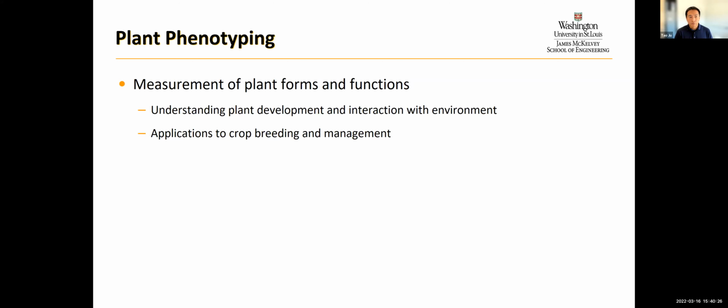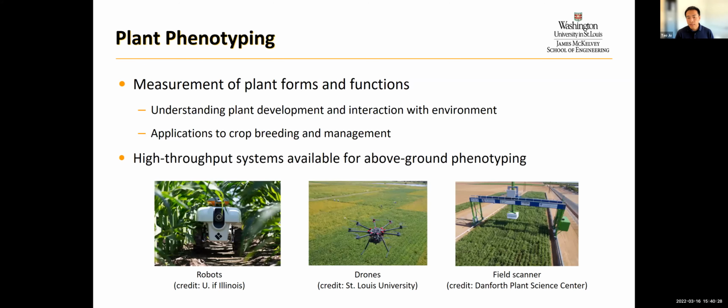The technology for phenotyping has really advanced over the past few decades, moving away from the lab setting, one plant at a time, to devices that can offer real-time phenotypes of plants on a very large scale, such as what you see here. We have robots, we have drones, we even have this large-scale field scanner that provides information such as 3D points or even hyperspectral images.